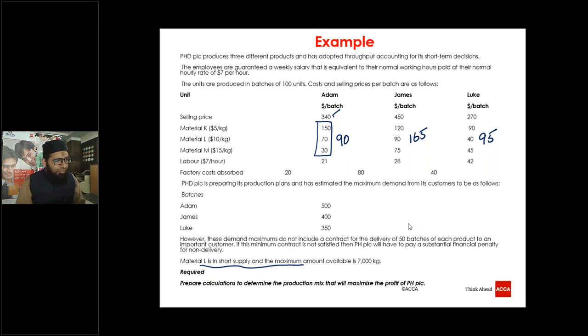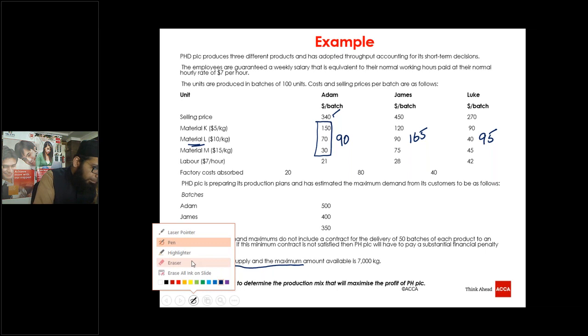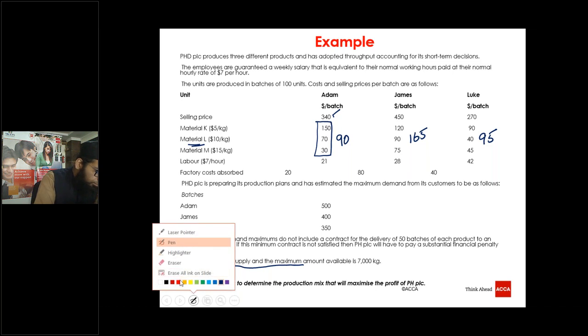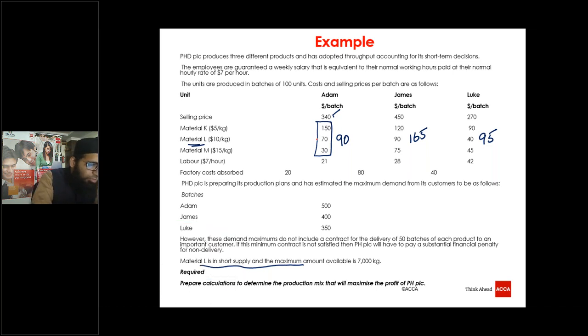Now my next step will be to calculate the throughput per kg, because this time material L is my bottleneck. First of all, I have to calculate the number of kgs to produce Adam.